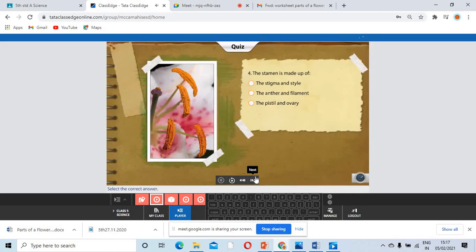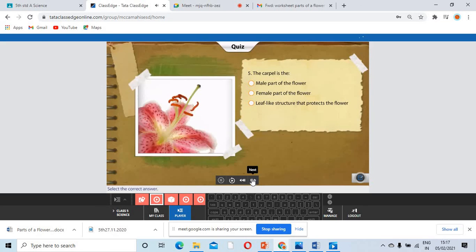Next, I want Hannah Veronica to answer. Stamen is made up of the anther and the filament. Very good, Hannah. One more question, Joha can answer me. The carpel is the picture itself shows.